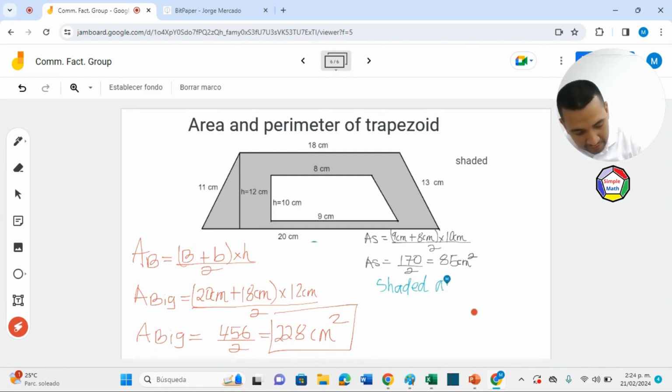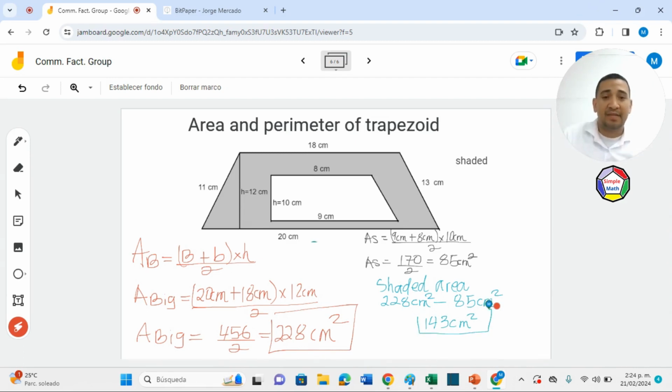The shaded area is the area of the big one, in this case 228 centimeters square, minus the small one, which is 85 centimeters square. And how much is 228 minus 85? It is 143. So the answer is 143 centimeters square.